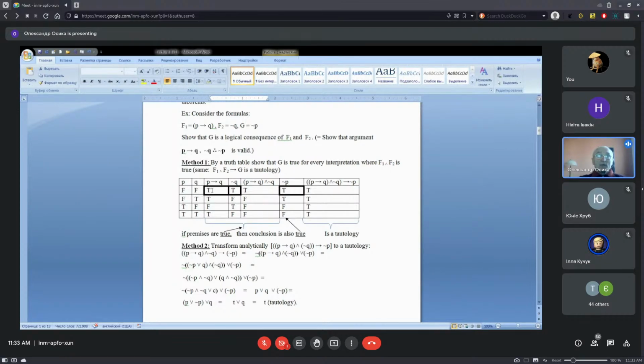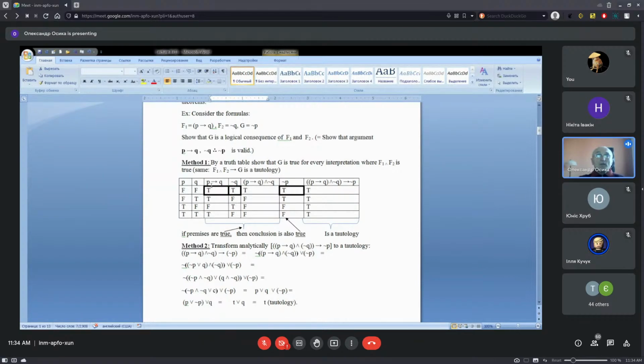Here P implies Q is true whenever the premise of the implication is false. From true, if we make the conclusion false, the whole implication is false. From true and true, it is also true.